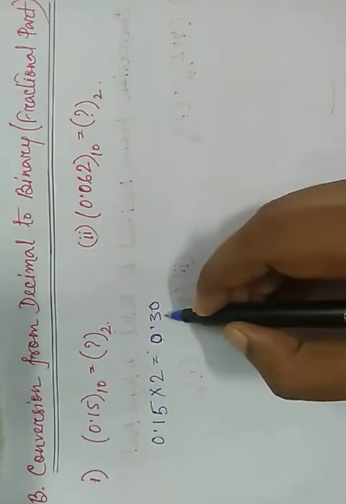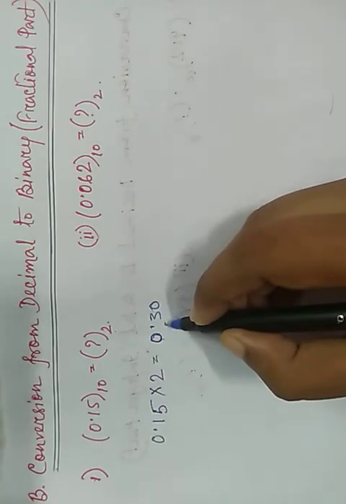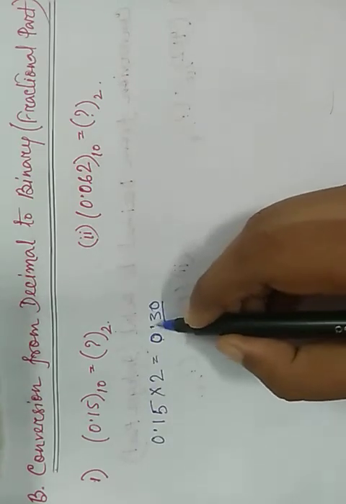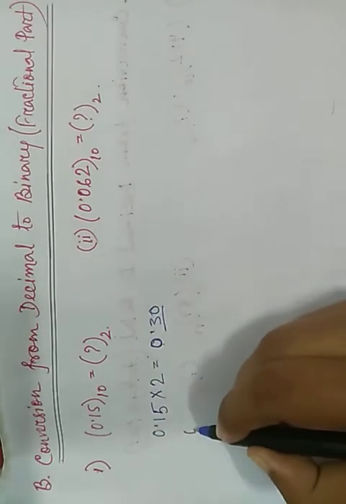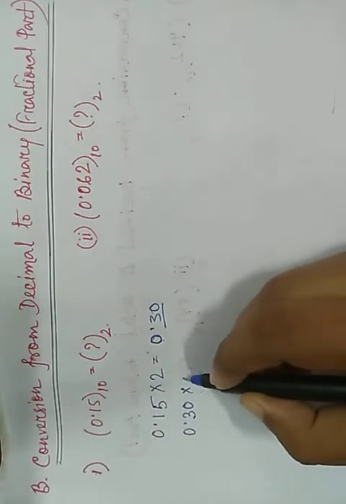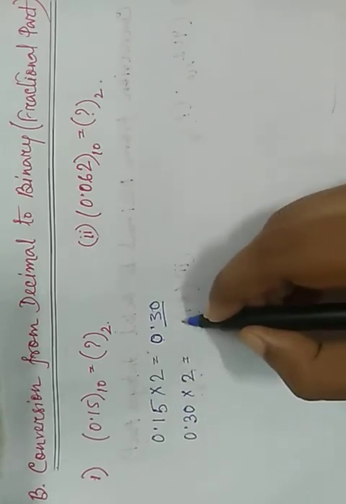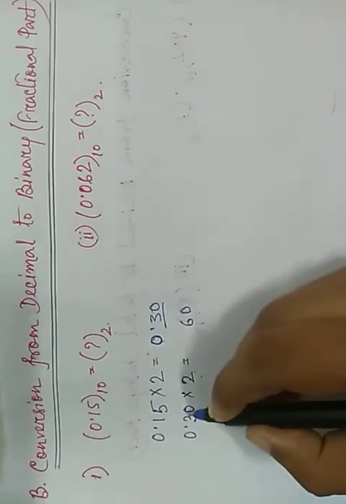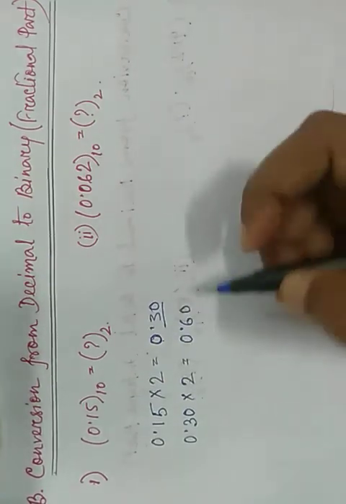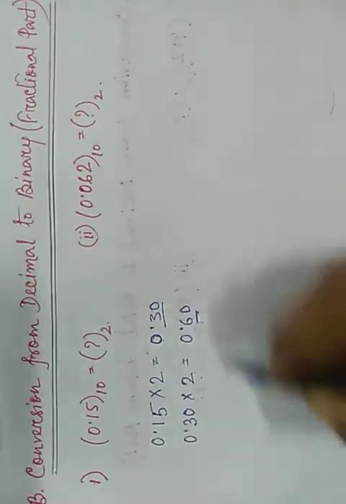Now keep in mind the fractional part, that means 0.30. Again we multiply this 0.30 by 2. This is 0.60. Here the decimal is after 2 places and we put 0. Here the fractional part is 0.60.